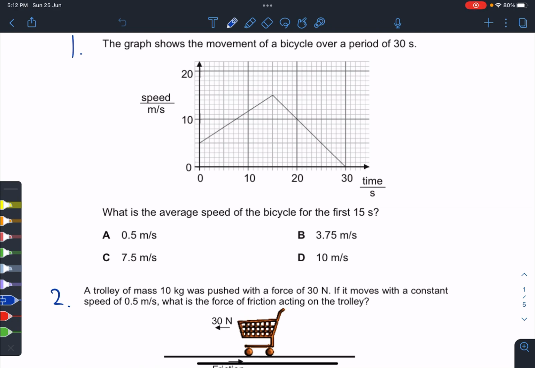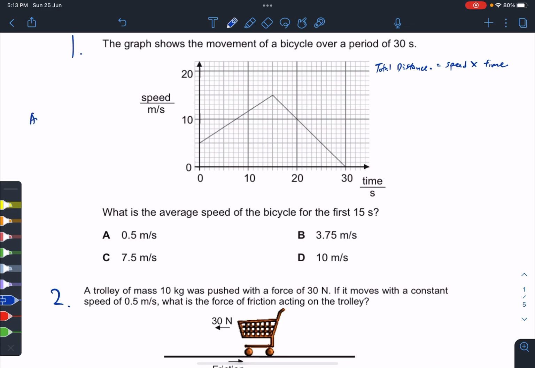Maybe first and foremost, you can find the total distance. So what is total distance? Total distance is speed times time.